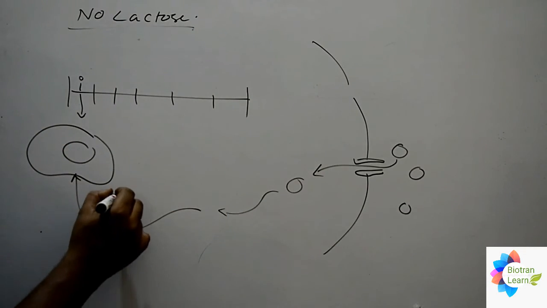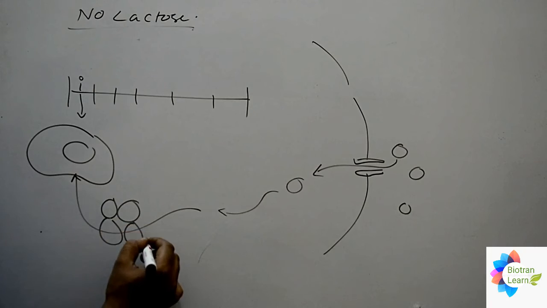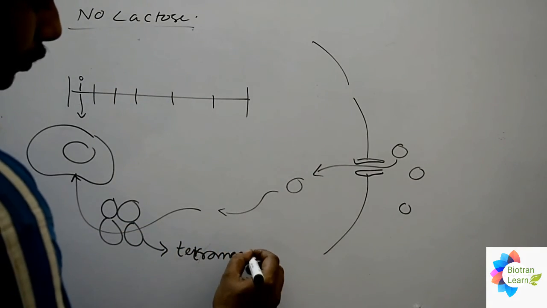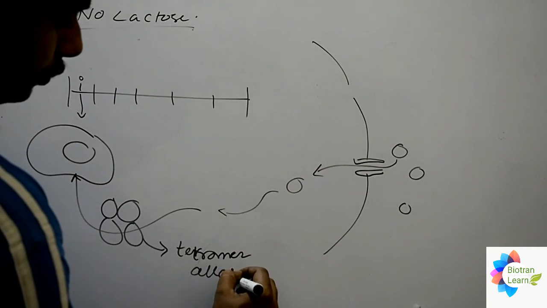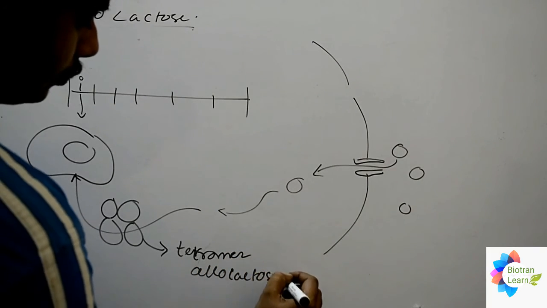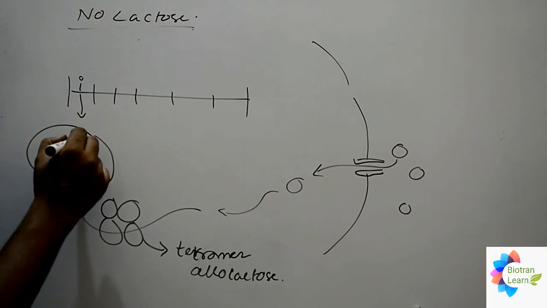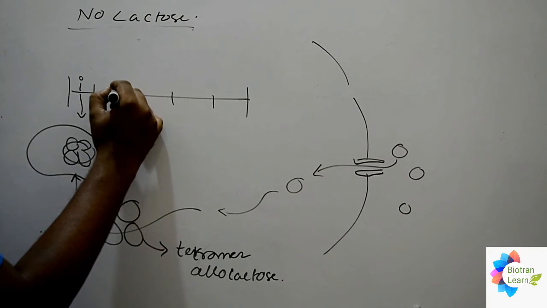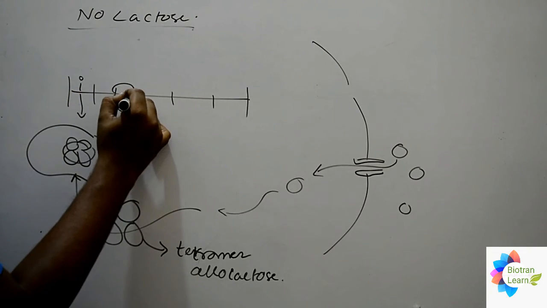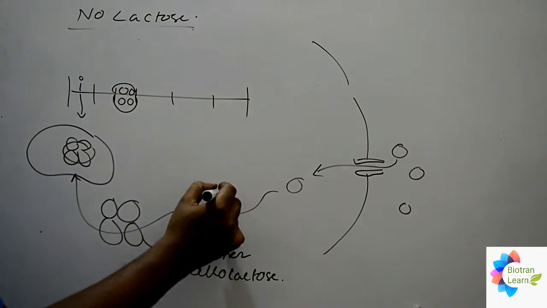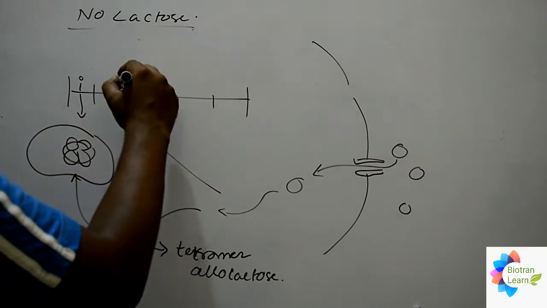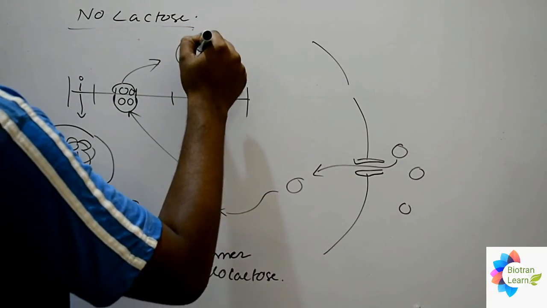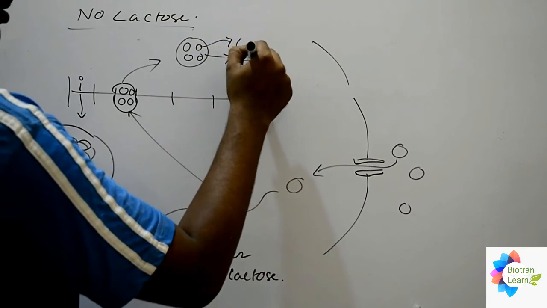It will form a tetramer, known as allolactose. And now this allolactose will be sitting in this position, right? So if it is bound in this section, the allolactose will bind in here, and it will release the repressor protein along with the lactose molecule.